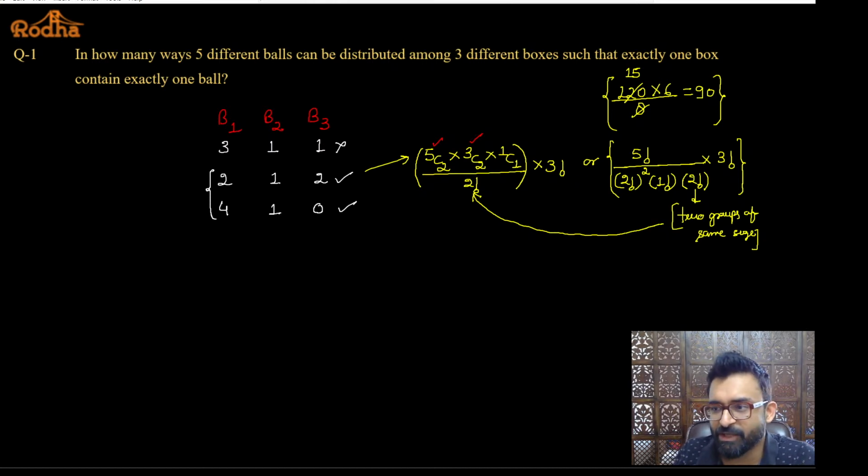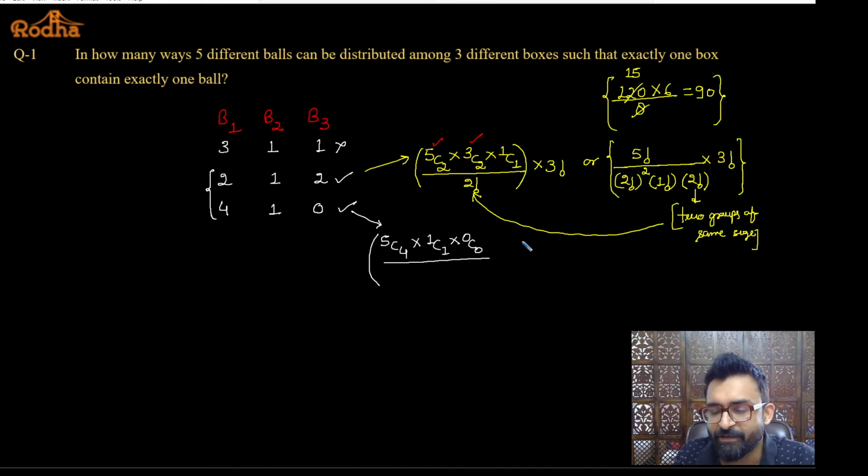Okay. Now the last case will automatically follow suit. You understood what is to be done in this particular case. So there are 5 balls: 5C4, then 1C1, then 0C0. I'm writing 0C0, no need to write it, it is 1, but I'm writing it just so we understand what is happening here. Divided by nothing, there is nothing to divide by.